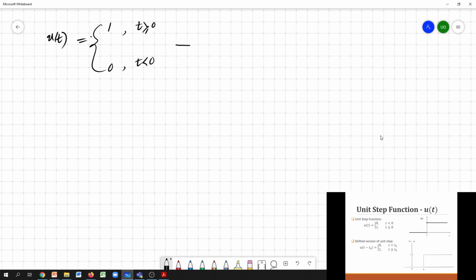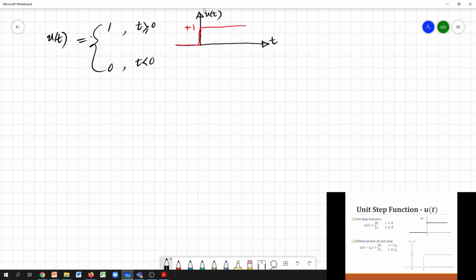If you draw it, it's something like that. So this is our unit step. For t greater than or equal to 0, the functional value is 1, otherwise the functional value is 0.